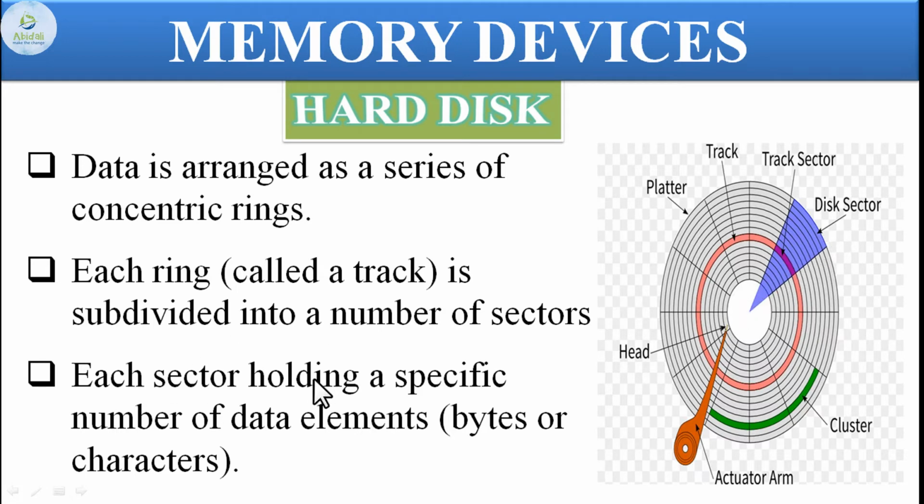So each sector is going to hold a specific number of data elements. The data elements are stored either in terms of bytes or in terms of characters. So the reading and writing arm will help to read and write the information onto the disk.